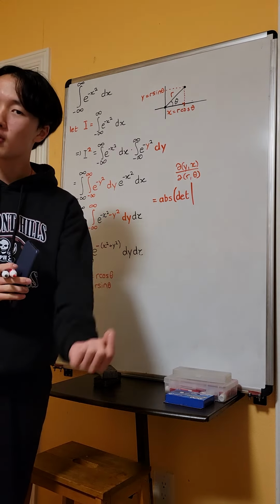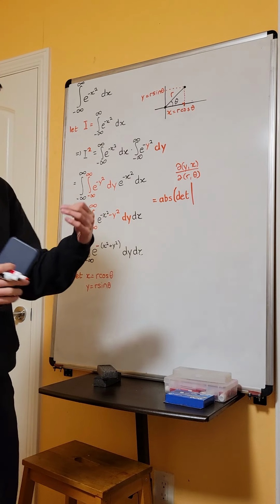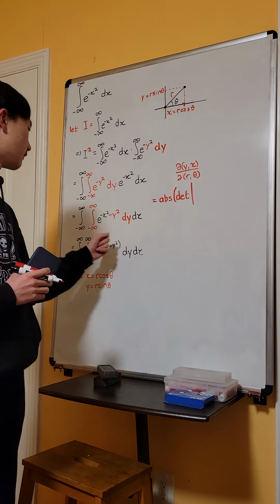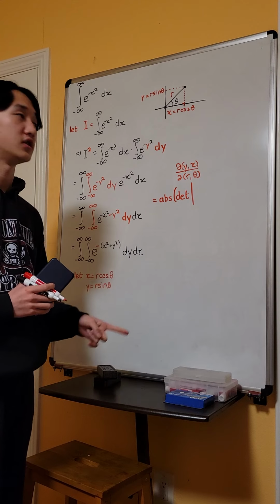However, the Jacobian itself is just the entire expression. So the Jacobian matrix is the partial derivatives of each of the old variables with respect to each of the new variables.